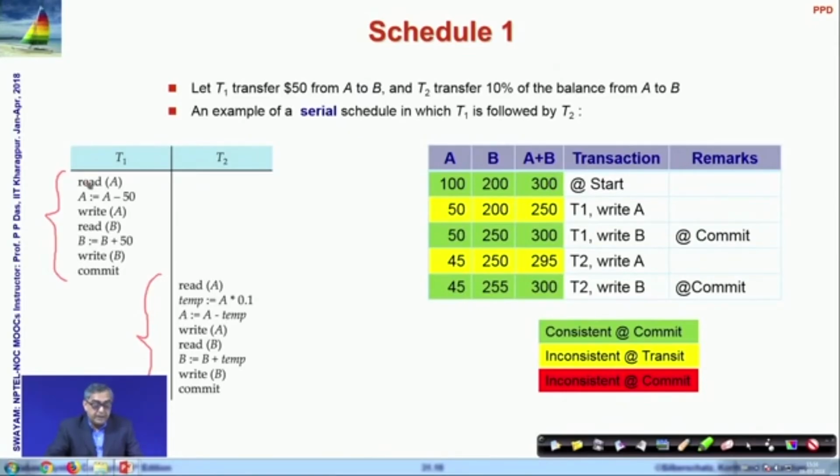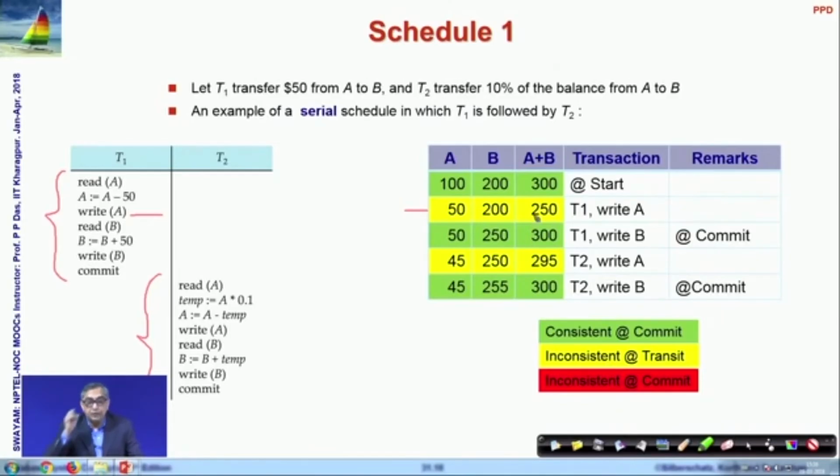A is read, $100 is read, then it becomes 50, and you write A. At this point A has changed from 100 to 50 because you have debited. Nothing has happened on B, so the sum is 250.